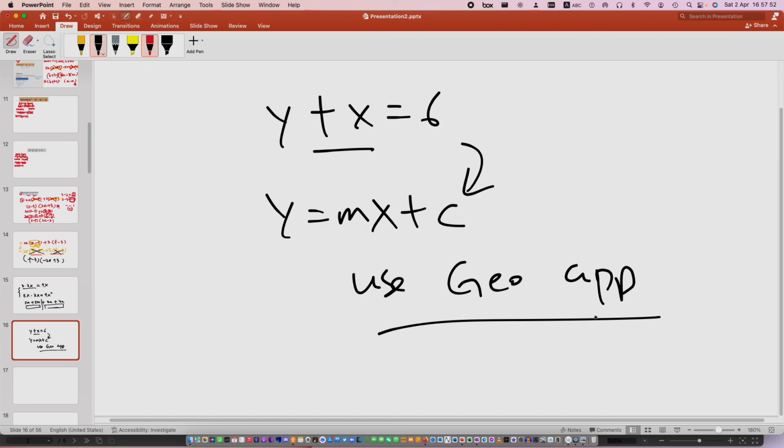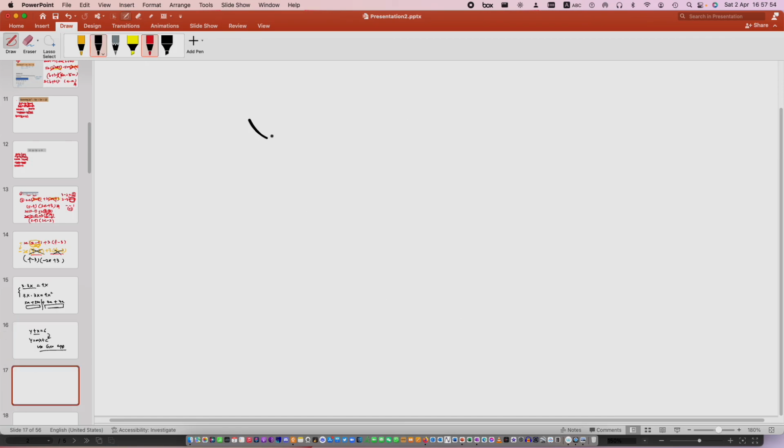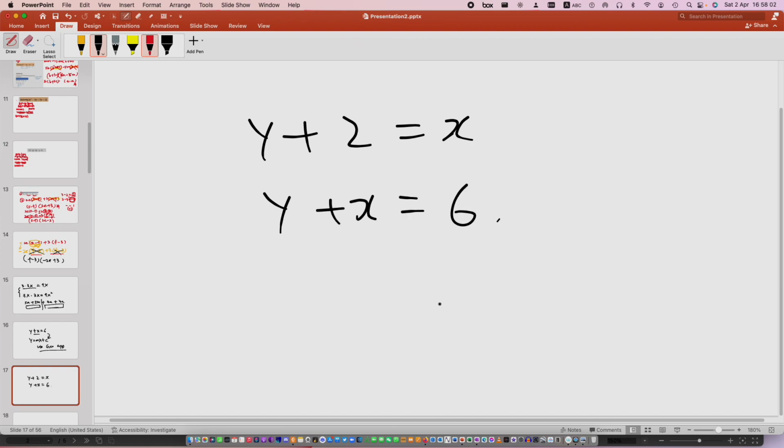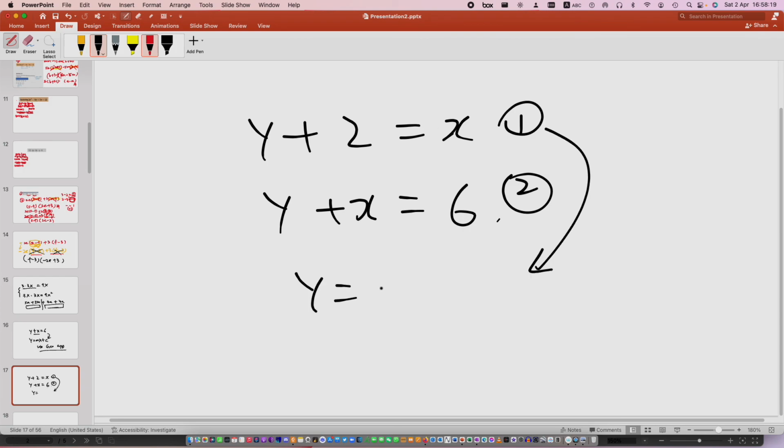And then of course the substitution method. For the substitution method, it's very simple. By the way, in this case, if you look at this, do you already see that you can change the 1 to the other side? You must change the sign, right?